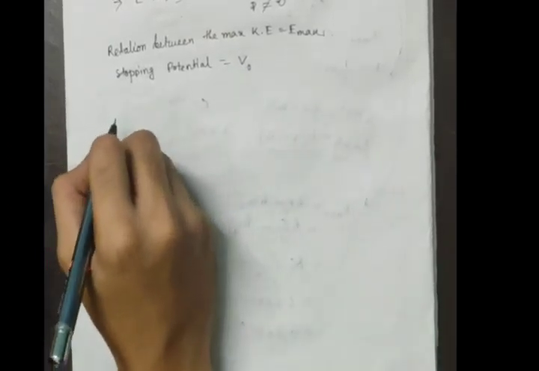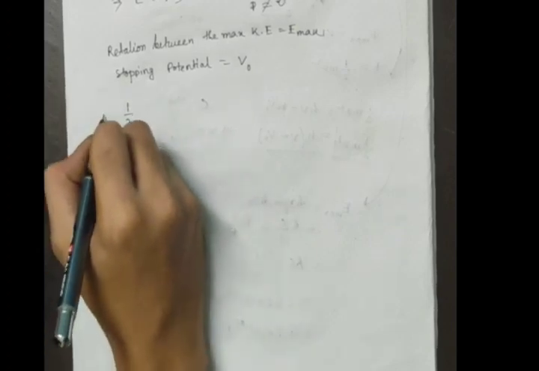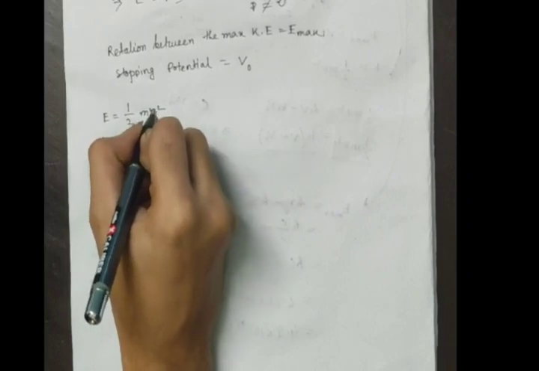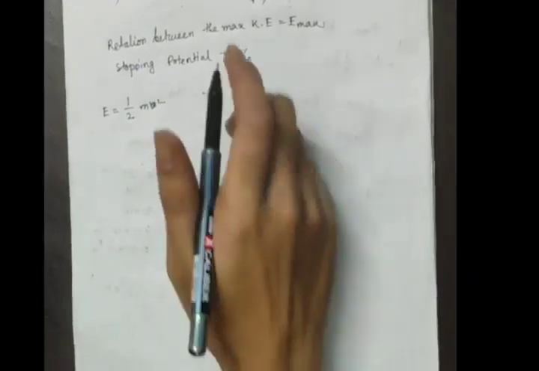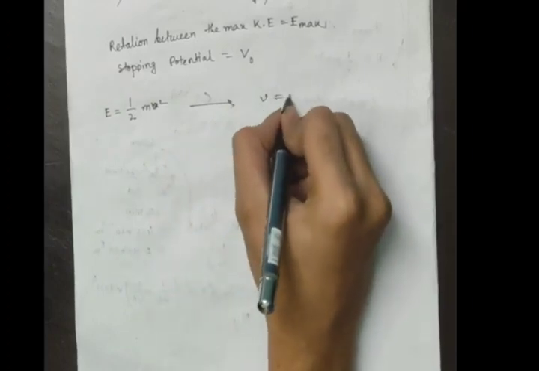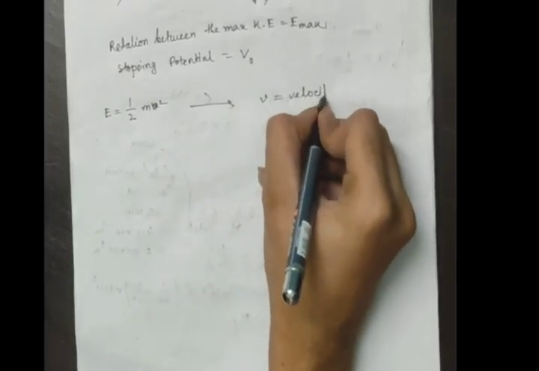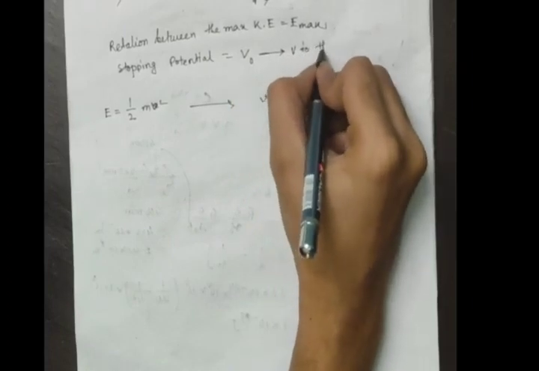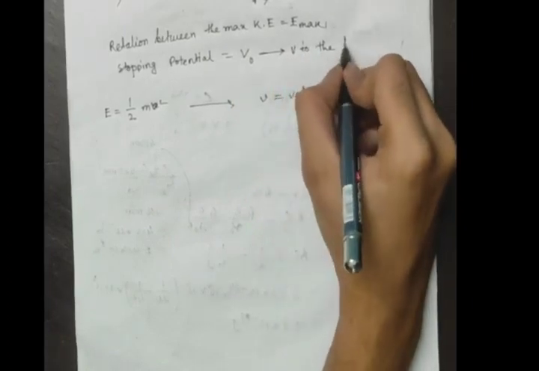As we said before, kinetic energy is always half mv square. Here v is the velocity, and here V is the potential.